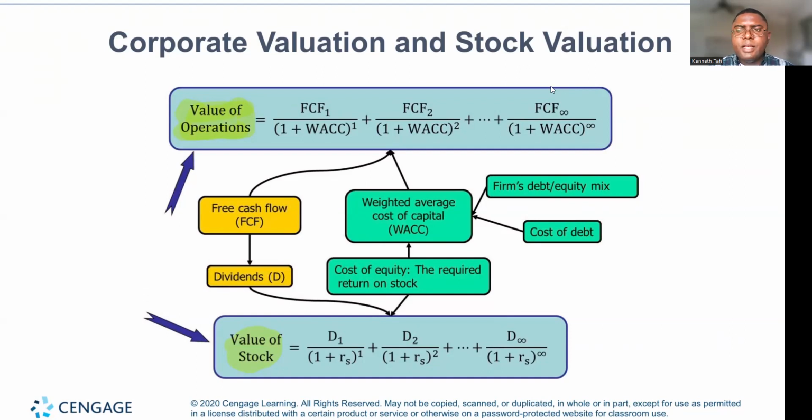Just like we value any instrument, we understand the pattern of the cash flows, then we calculate the present value of all those cash flows and sum them up. If it is free cash flow, that will be the value of operations, because free cash flow comes from the operating activity of the company. Once we get the value of operations, we can use that to value stock.